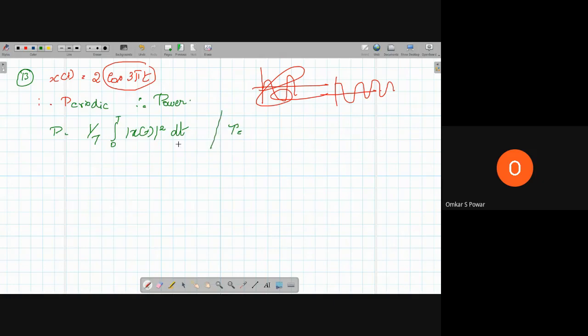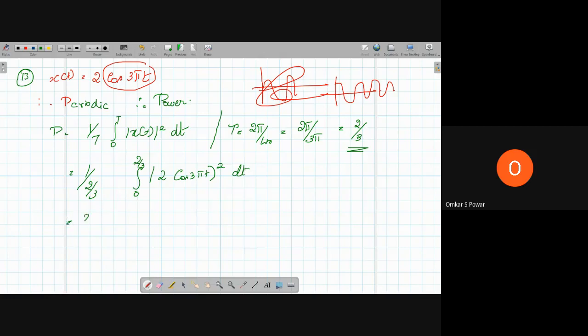If you go back, I have told you T is equal to 2 pi by omega naught, the period. 2 pi by omega naught, with omega naught equal to 3 pi, so the period is equal to 2 by 3. So 1 by 2 by 3 integral 0 to 2 by 3 mod of x of t the whole square, so 2 cos 3 pi t the whole square dt.